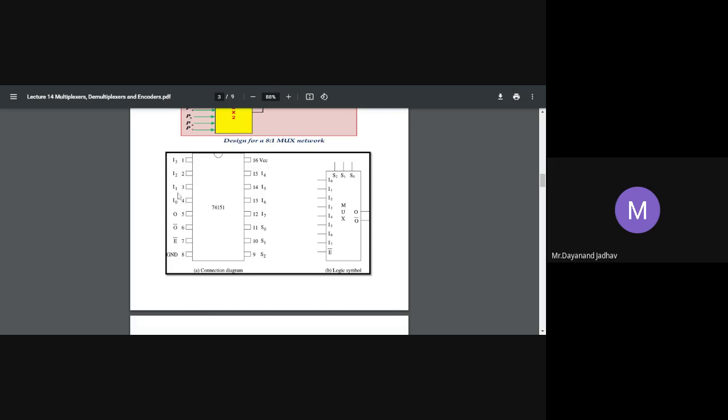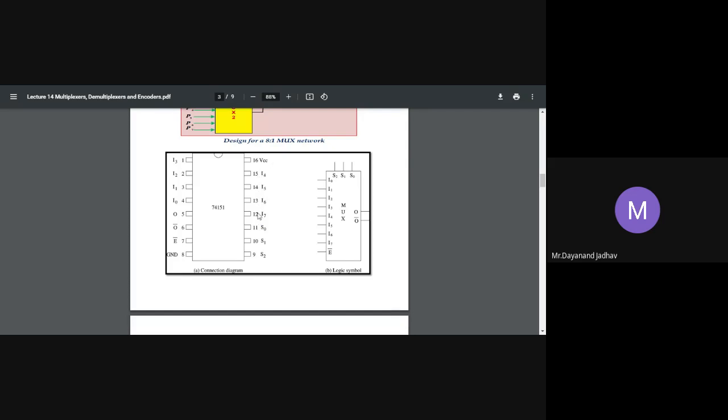Then I0, I1, I2, I3 are pins 4, 3, 2, 1. Then here O is pin 5, O bar is pin 6, the enable is pin 7, and the select lines S2, S1, S0 are pins 11, 10, and 9. These are the connections, and the other four inputs are I4, I5, I6, I7, that is pins 15, 14, 13, 12.